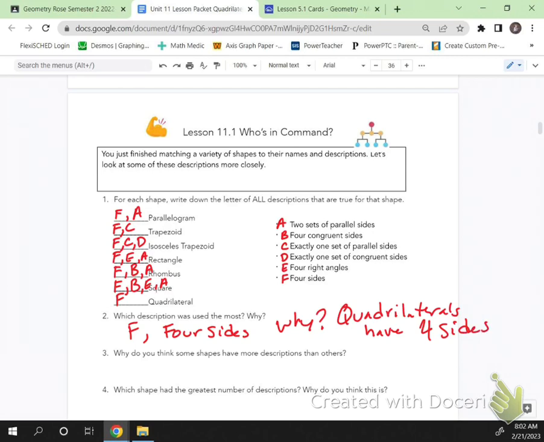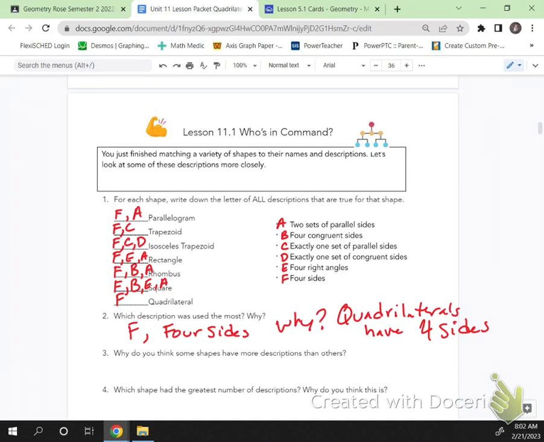Why do you think some shapes have more descriptions than others? Look at square, it has 4 characteristics. Why does it have more than a parallelogram?